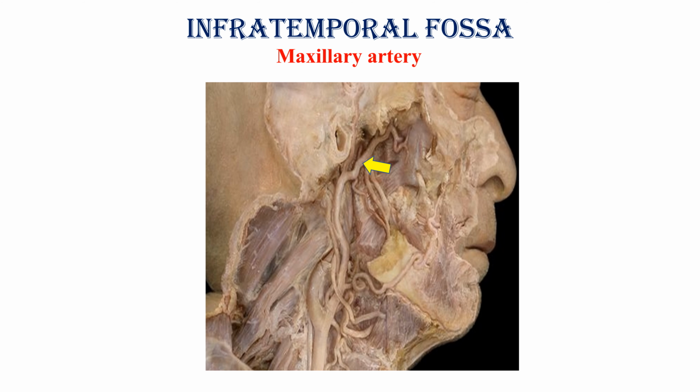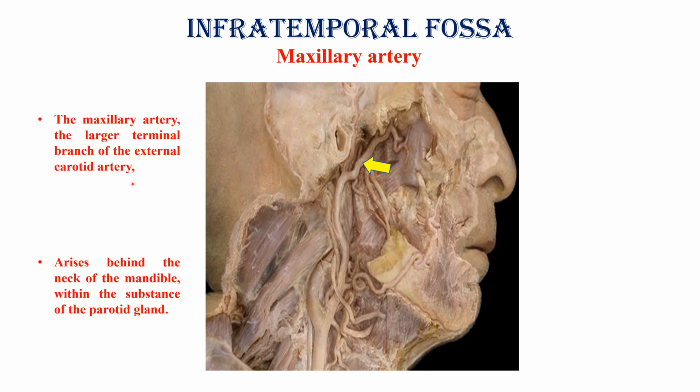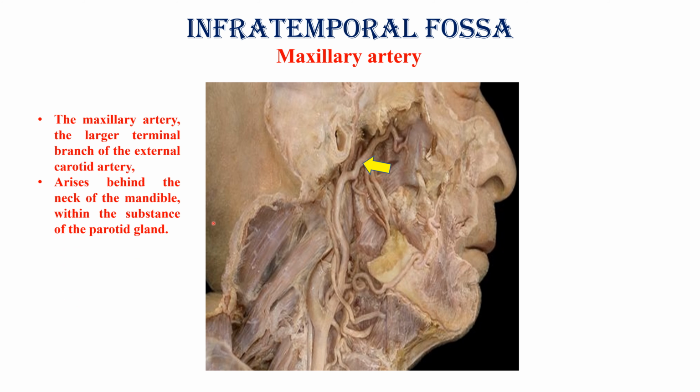Now, again, that is the maxillary, which is the largest terminal branch of the external carotid. It arises behind the neck of the mandible, midway between the neck of the mandible and the mastoid process. That's where the external carotid terminates within the substance of the parotid gland.